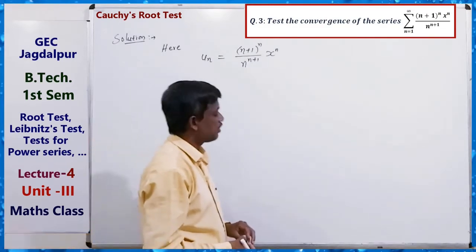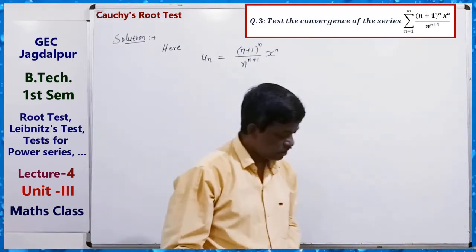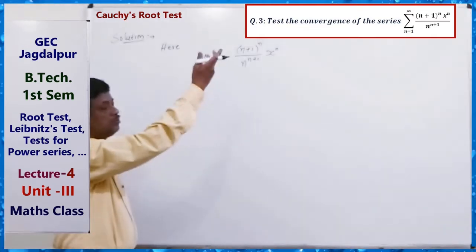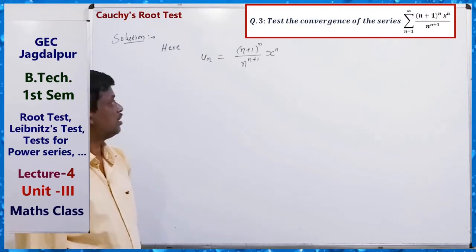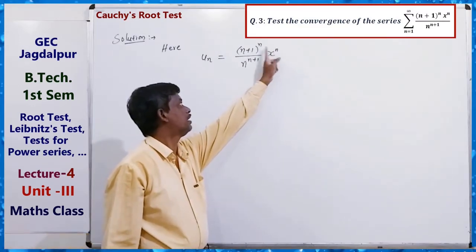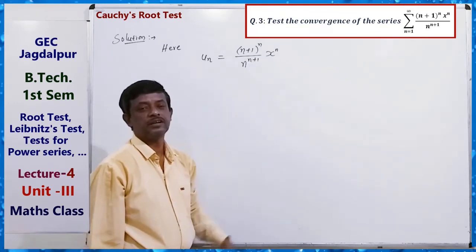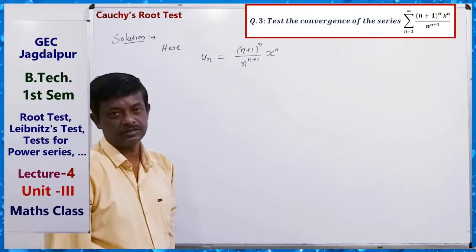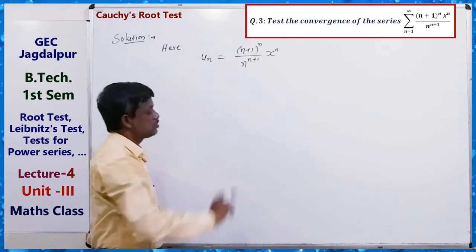n plus 1 power n over n power n plus 1, x to the power n, from 1 to infinity. This is the nth term. So here also we see power n, power n, power n, so we can take the nth root of this.